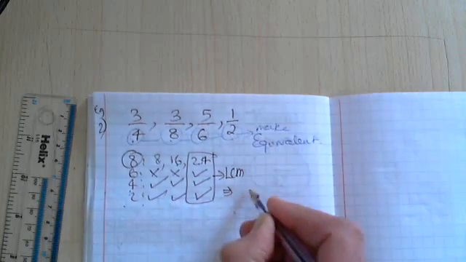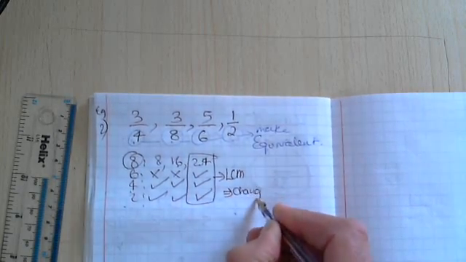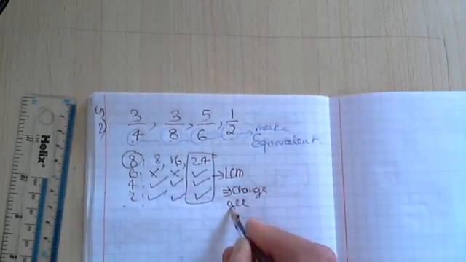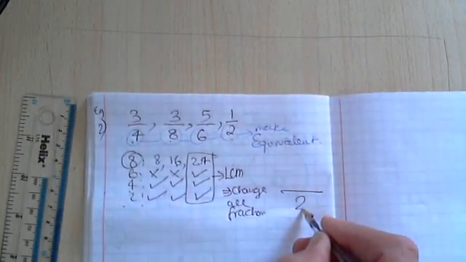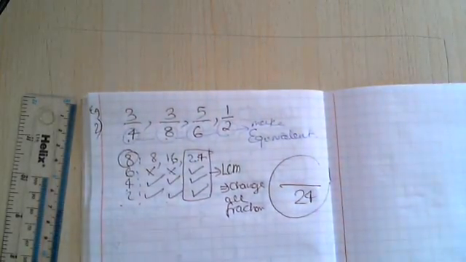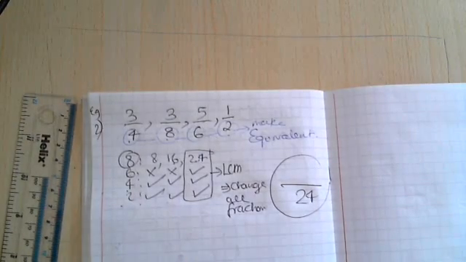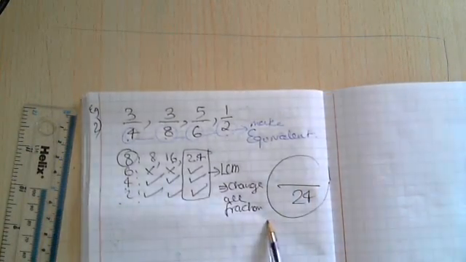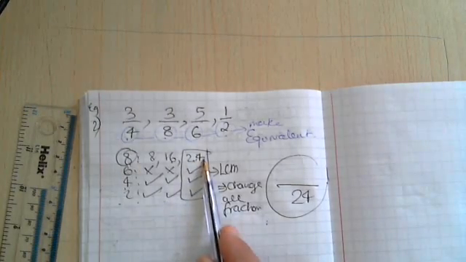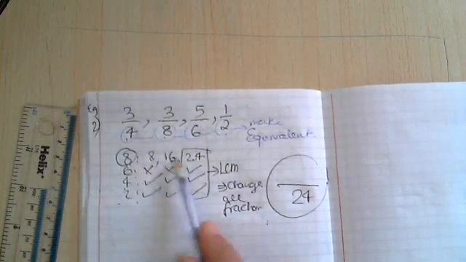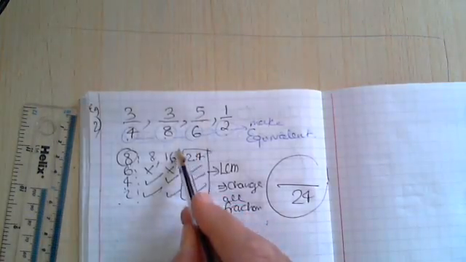So we need to change all the fractions into 24ths, into over 24. So we found that out by just looking at the big number. The big number goes into 24. So can all the rest.